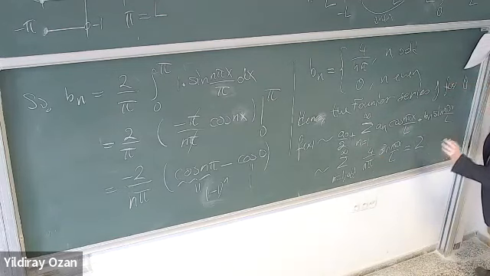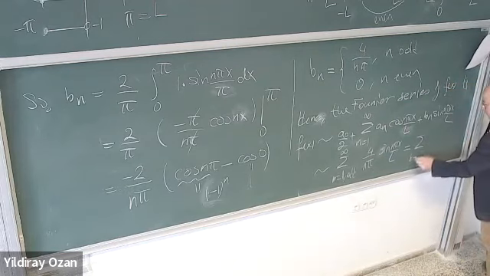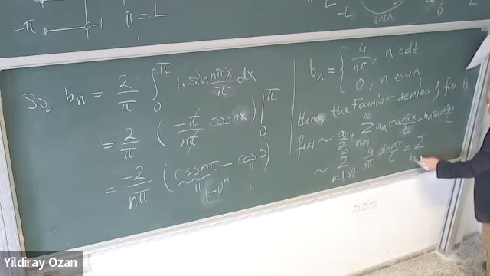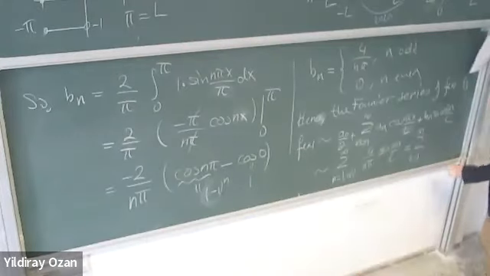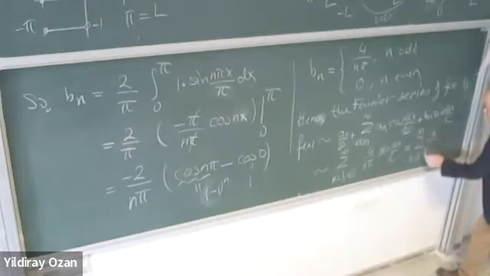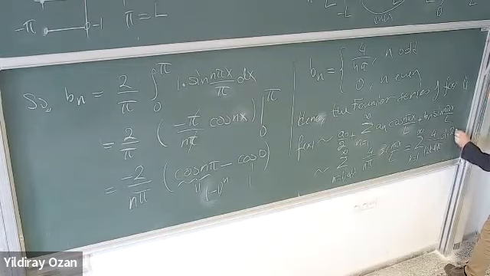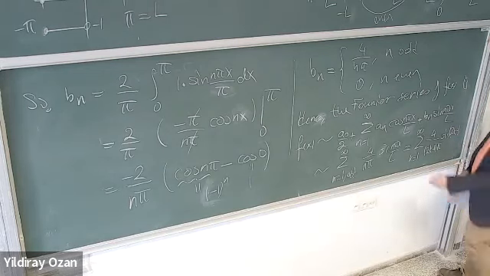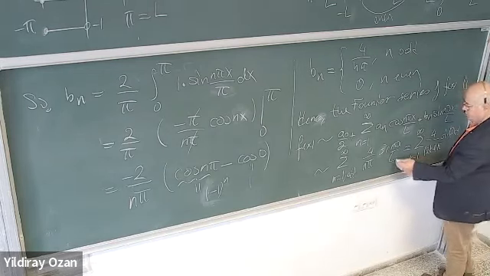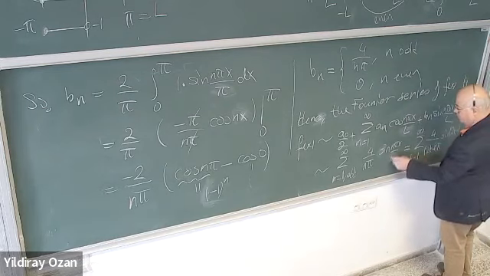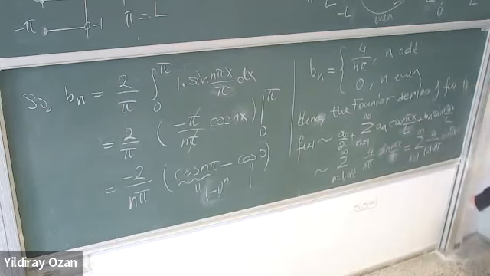So I can just replace n with k from 1 to infinity, 4 over 2k minus 1 pi sine 2k minus 1, L is pi, nx.